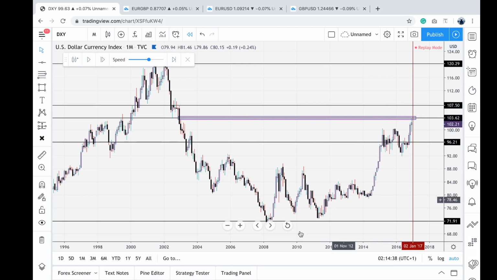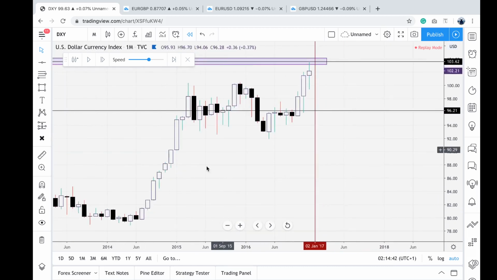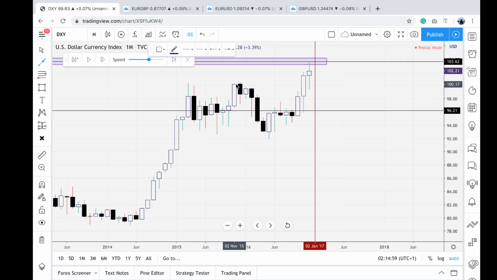Right, so should price take out this level, on an upside basis, this is where we're going to want to reach for. And then on a downside basis, price just tapped this last high. So we can't really look at that level as support, as price has respected that level and shown a reaction off that level. So I believe should price get back to that level for any reason, if you see any sells in the marketplace, we're going to break through that level and just keep trading lower.